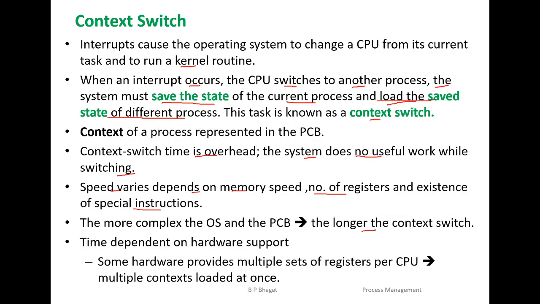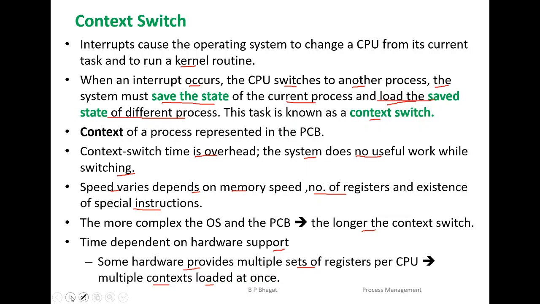The time also depends on hardware support. Some hardware provides multiple sets of registers for the CPU. In such a situation, multiple contexts can be loaded at once, which means that more than one context switch may happen at the same time depending on the hardware support. So this is all about the context switch.